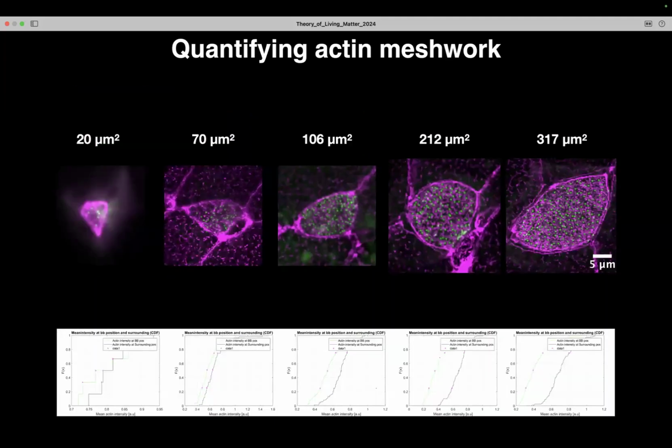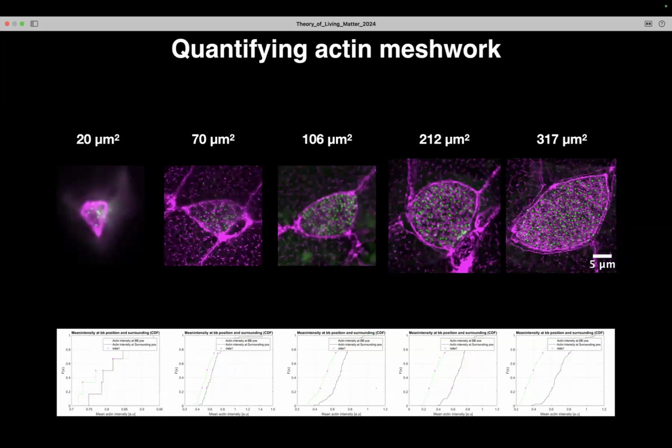So as you can see here, as we move within the size of the apical domain, this cumulative distribution function separates, meaning that the cumulative distribution function that describes the intensity of actin at the position of basal bodies and at the position around the basal bodies, these two lines or plots separate from each other, again telling us that you start building more and more actin around the basal bodies.